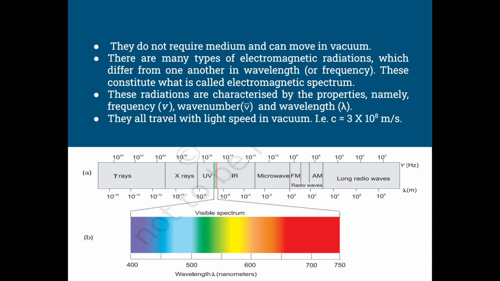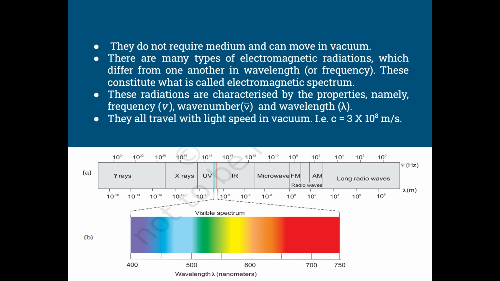Now there are different kinds of electromagnetic radiations as shown in this figure. They have different ranges of wave number, wavelength and frequency, as shown in the table. For example, we all know VIBGYOR, right? Red color has the longest wavelength, and wavelength and frequency are inversely related.